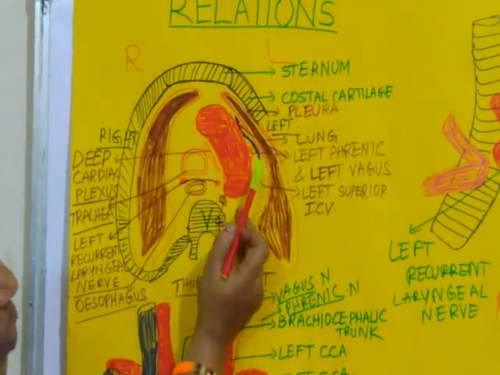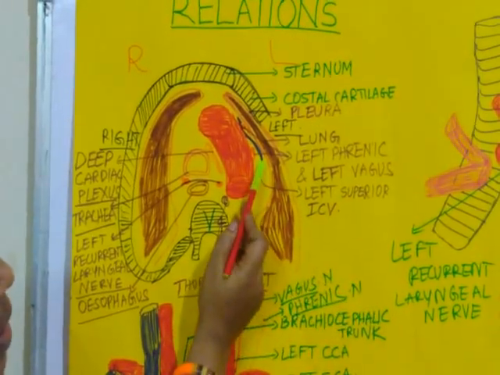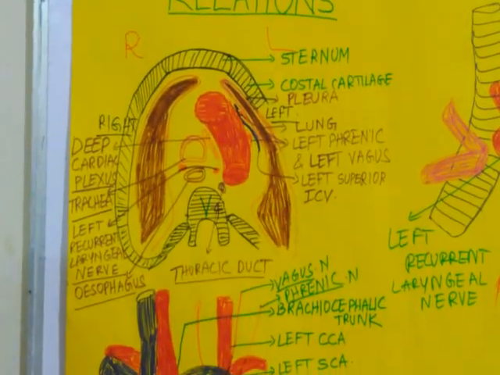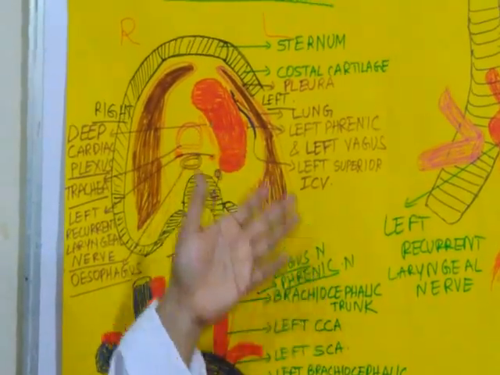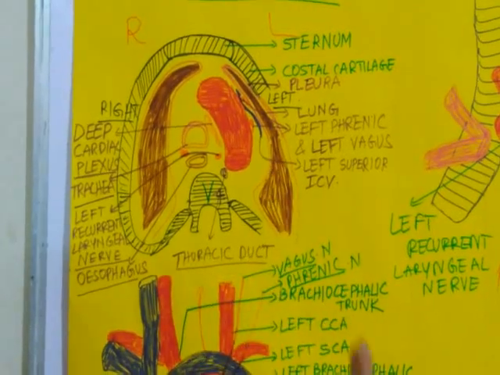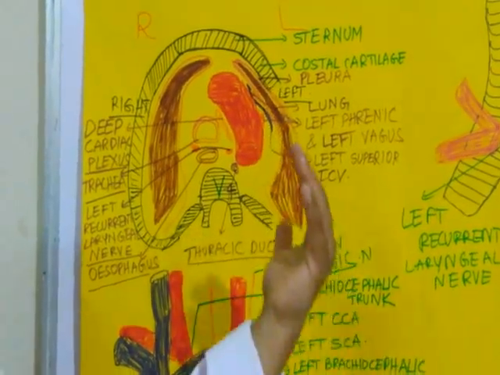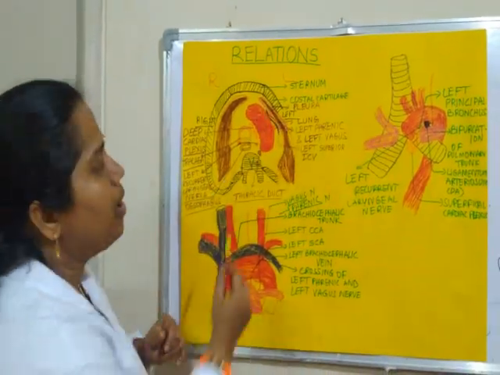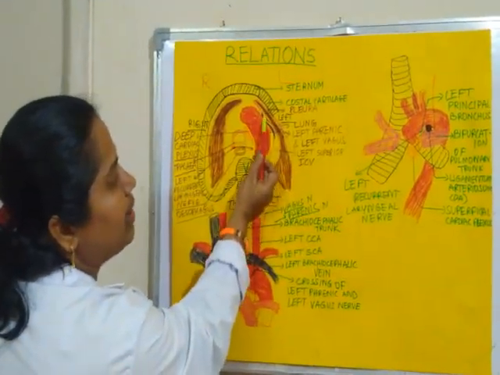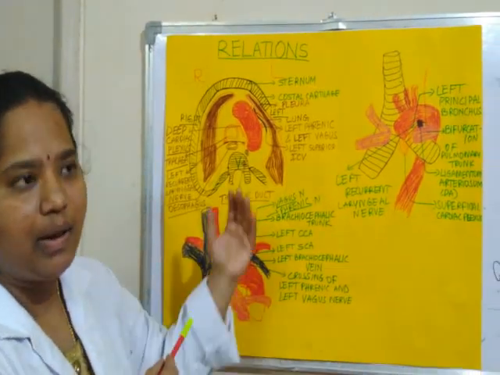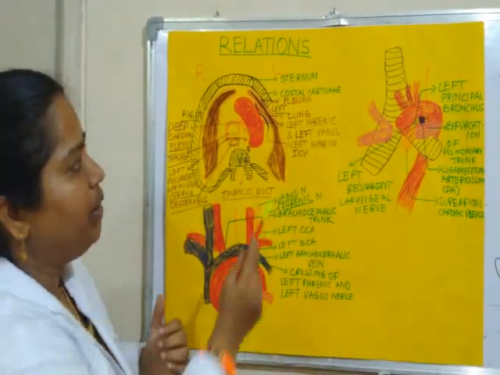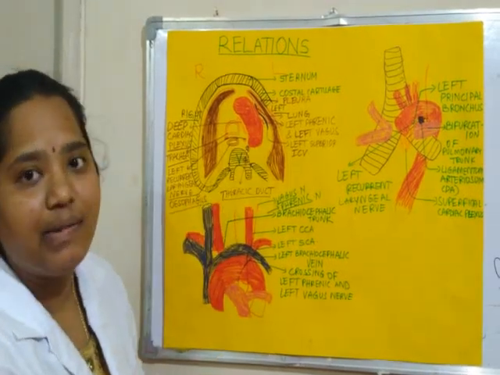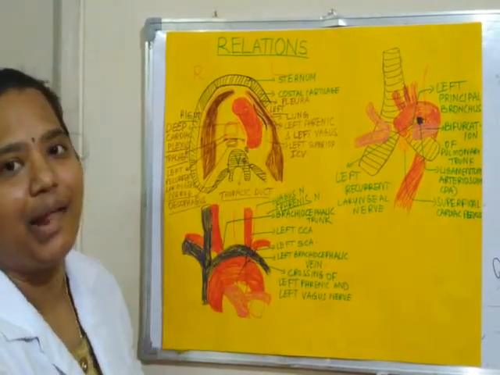On the left side, it has a course from back to front. It runs from near the ribs forwards, and it crosses the arch of aorta between the phrenic and vagus nerves, running upwards and forwards.